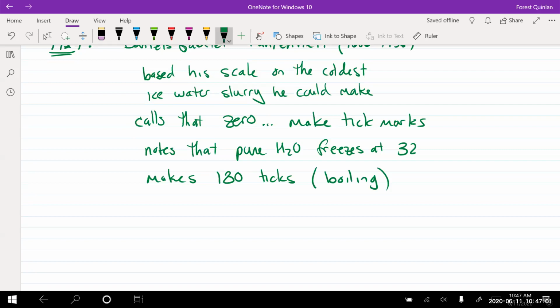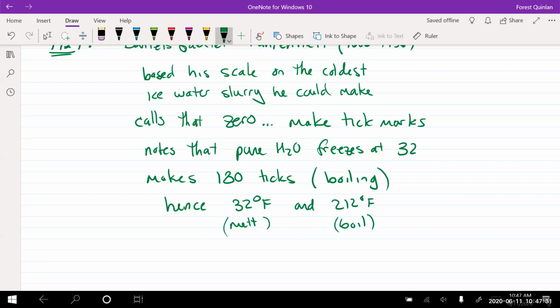And that's where he finds the water boils. He basically says, look, if boiling and freezing are opposite ends of the scale, I'm going to put 180 degrees between them and mark it out accordingly. Hence, 32 degrees Fahrenheit and 212 degrees Fahrenheit for melting and boiling.